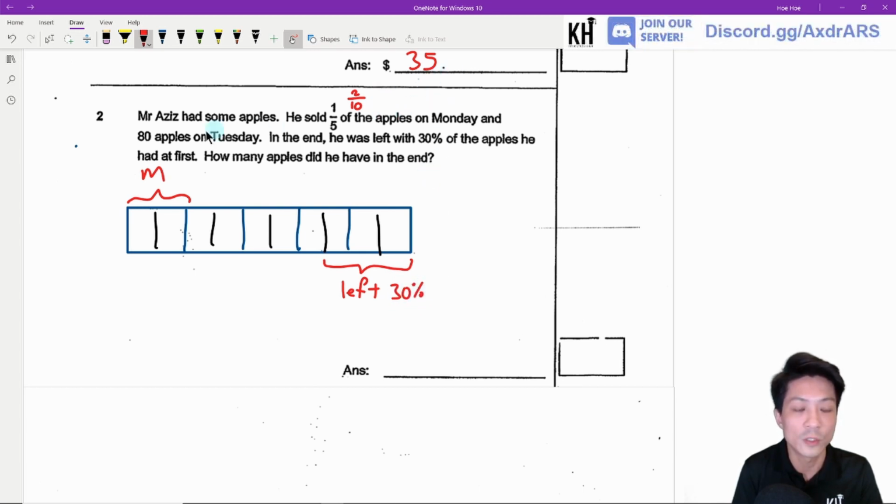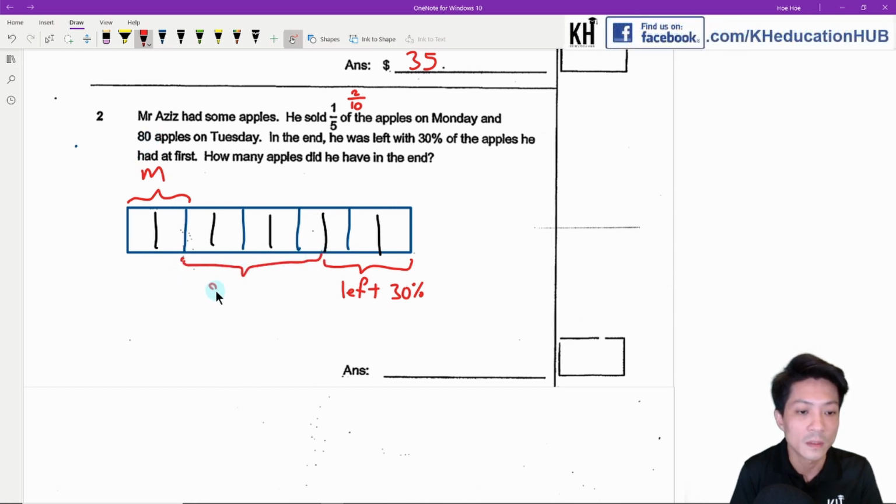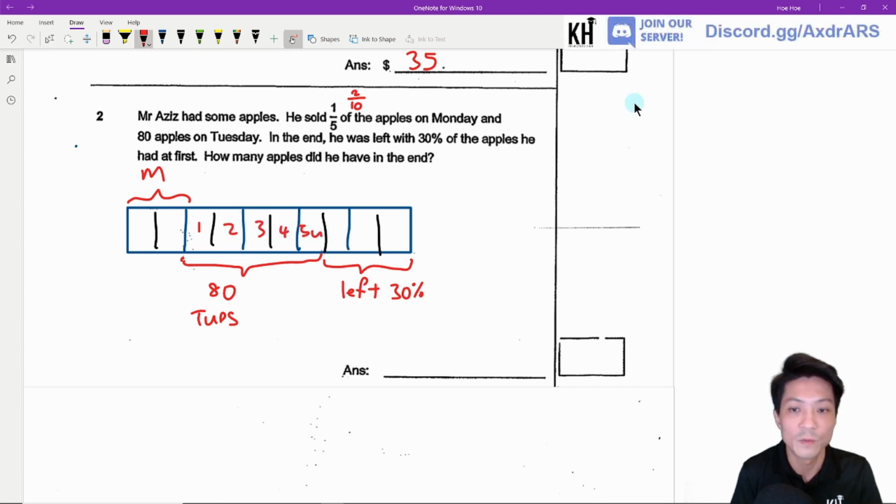And from here, you should be able to tell that the 80 apples is from here to here. Okay, 80 Tuesday. Okay, so there's 1, 2, 3, 4, 5 units. So do your working: 5 units will be equal to 80.